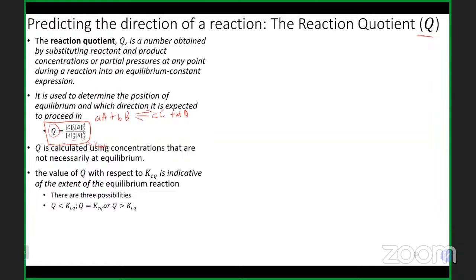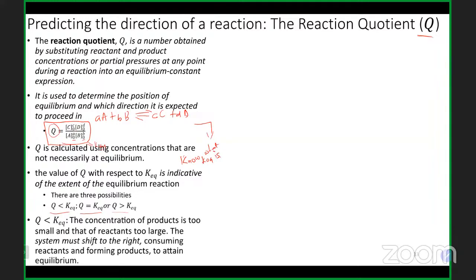So three things may happen. You can have Q less than K equilibrium, Q equal to K equilibrium, or Q greater than K equilibrium. If you want to determine Q, you're only comparing it because you know what the value of K equilibrium is.